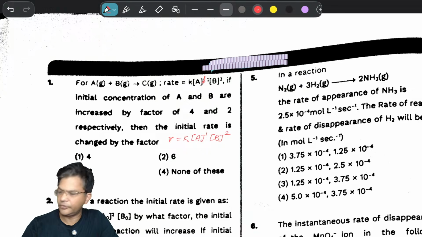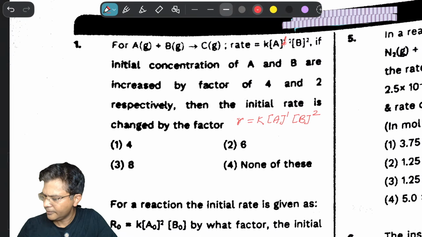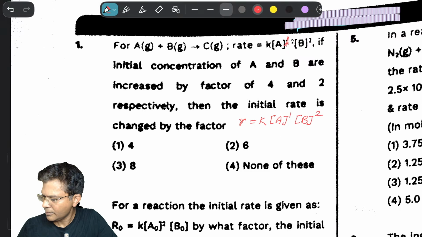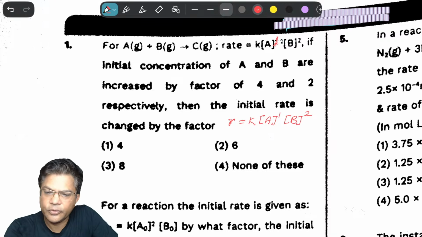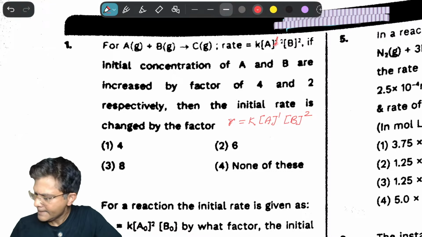What should be the answer? Let us keep it power 1 and then try to find out. Okay, now let me solve this question, kids.